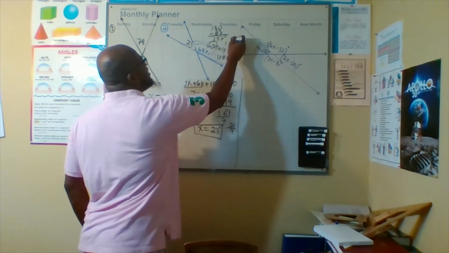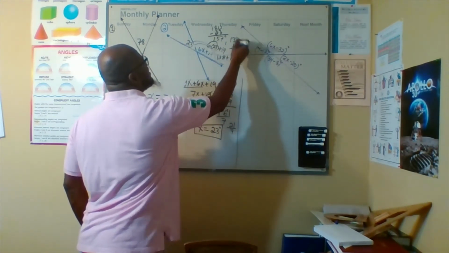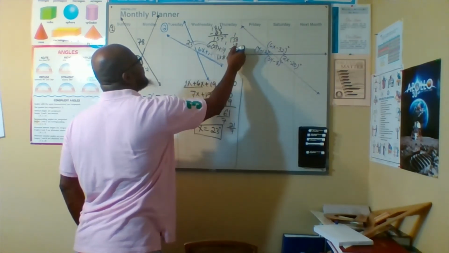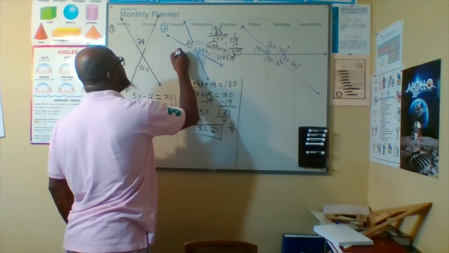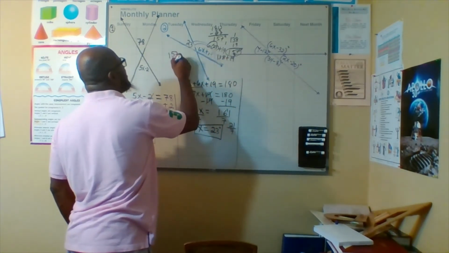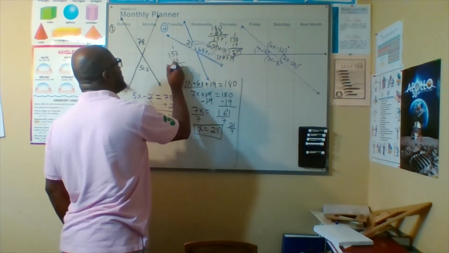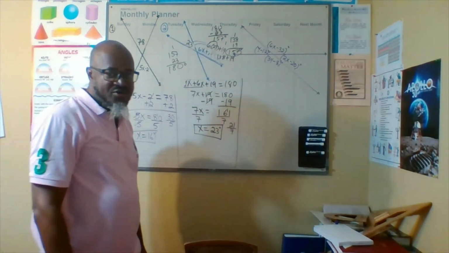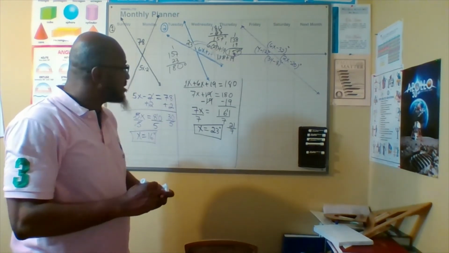If you take 138 and add 19 to it, bring down 1, carry 1, 4, 5, and as you can see, it's 157 degrees. See, 157 plus 23 is 180. See, those two angles add up to 180. That's one way you can verify your work if you're not confident at this time.